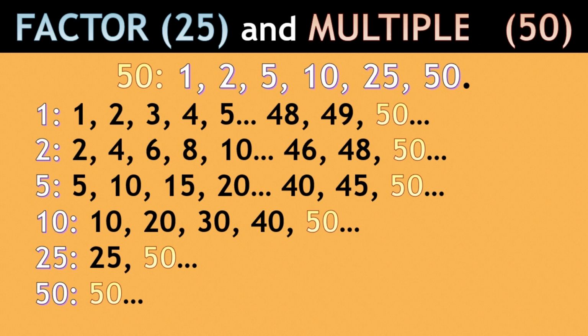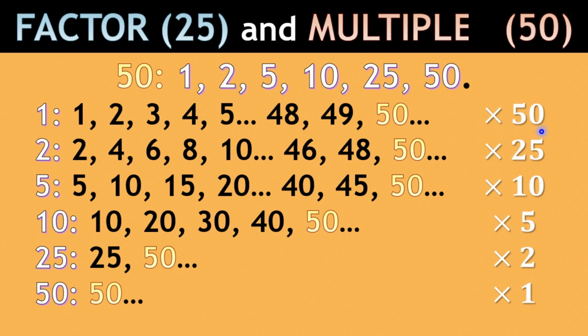Now 1 times 50 is 50. 50 times 1 is 50. This is why 1 has 50 multiples, while 50 has 1 multiple. 2 times 25 is 50. 25 times 2 is also 50.